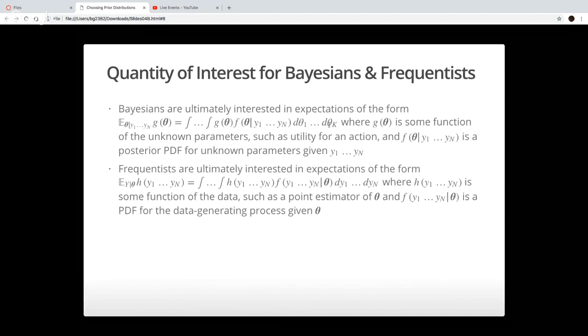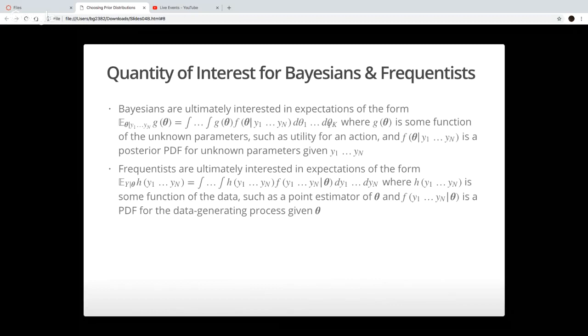It was a long time ago. But anyway, they're the forefathers of frequentist inference, who, particularly with Neyman, were ultimately interested in a different expectation, the expectation of some H function that depends on the data.